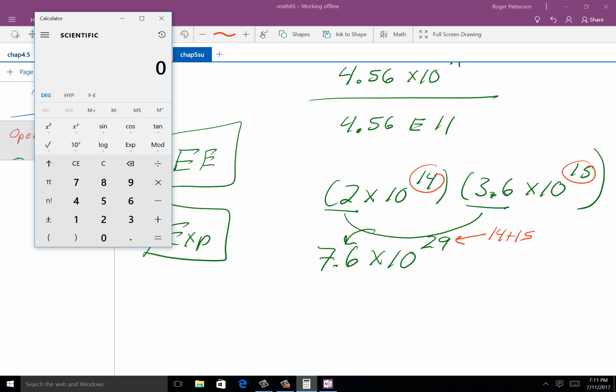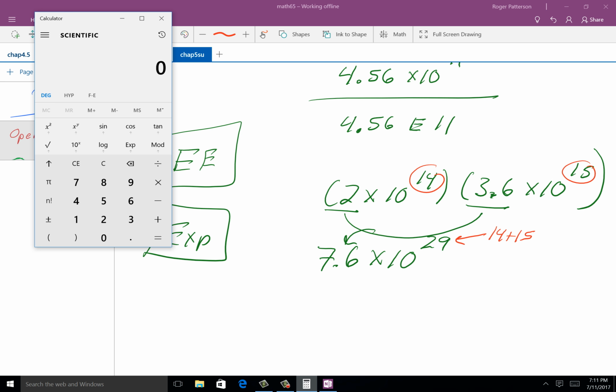Let's see how it works on the decimal. So, let's see, 2.